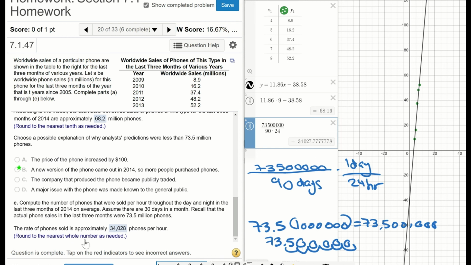If you round it to the nearest whole number, of course, it'll be 34,028. So on average, 34,028 phones were sold per hour during those last 3 months of 2014. And that's basically how you approach a problem like that. That would be an example of a modeling situation.